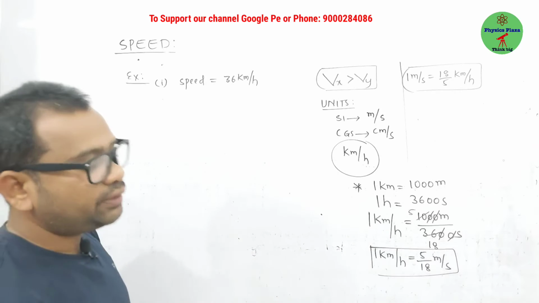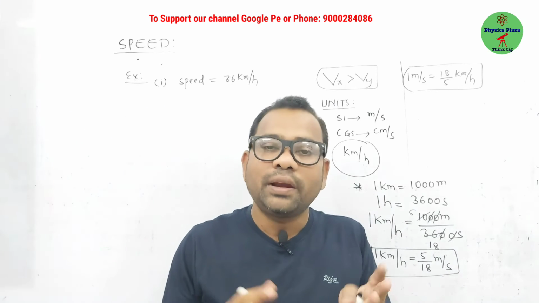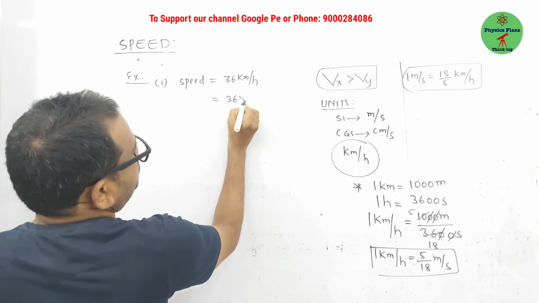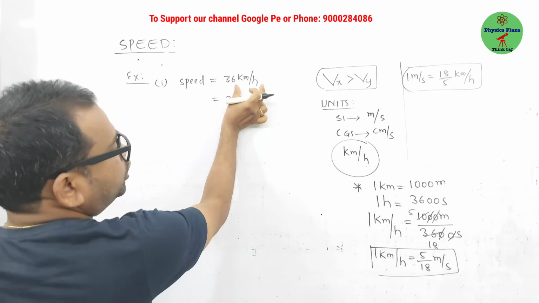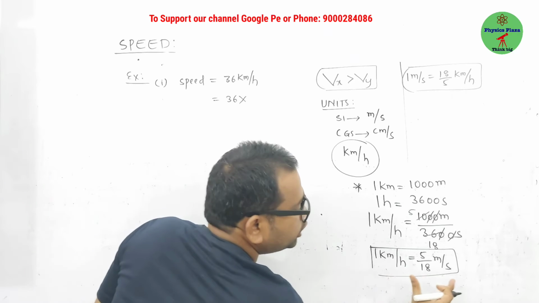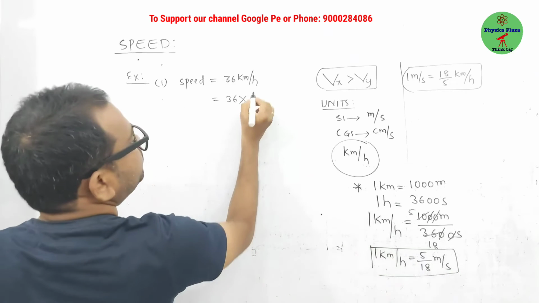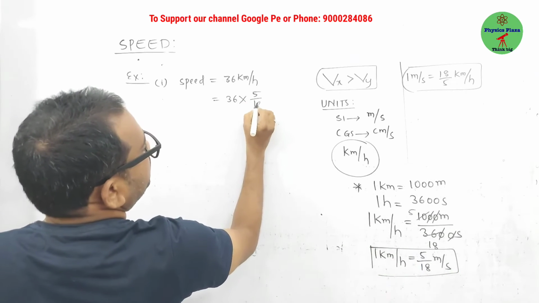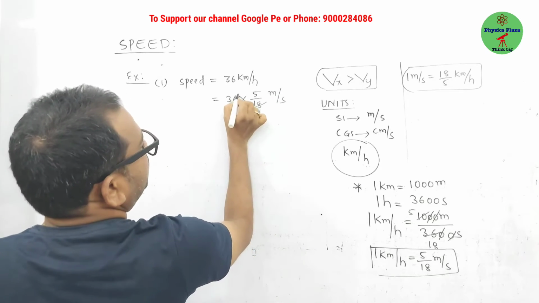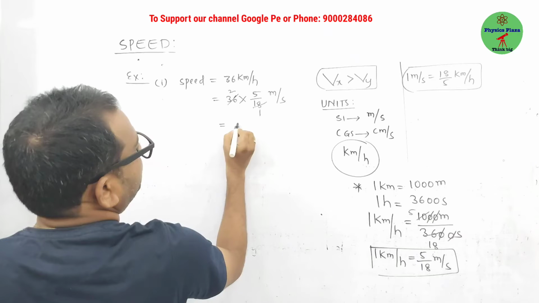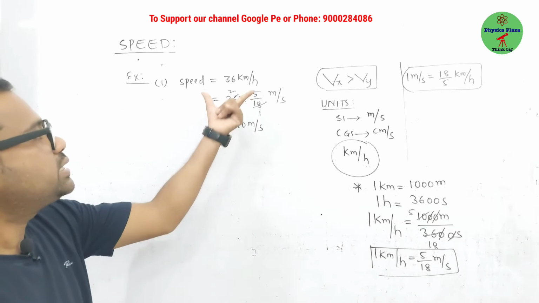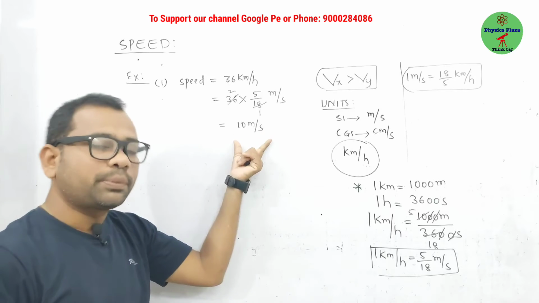They will ask you to express the speed in meter per second. How to do it? Look at here. Children, 36. If you want to convert kilometer per hour to meter per second, use this expression. In the place of 1 kilometer per hour, you must substitute 5 by 18 meter per second. 18 ones are 18, 18 twos are 36. So, this will be 10 meter per second. So, 36 kilometer per hour is equal to 10 meter per second.